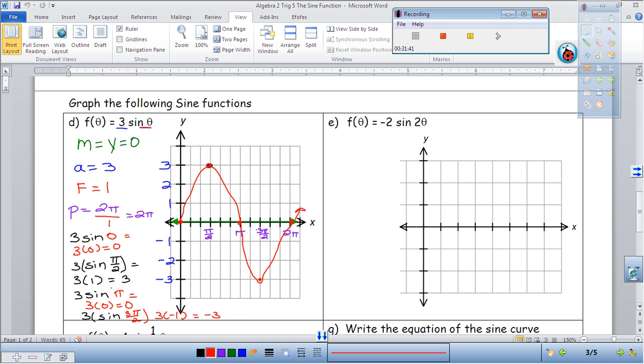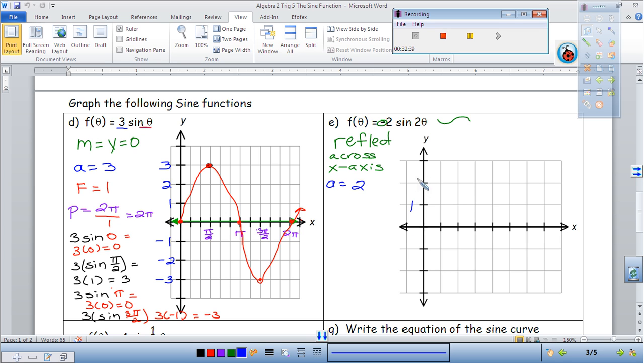Okay, let's do the next one. First we have to see that it's going to reflect. So my sine curve is going to go down and back up, like that. The opposite of what it's doing. So we need the amplitude. What's the amplitude? 2.